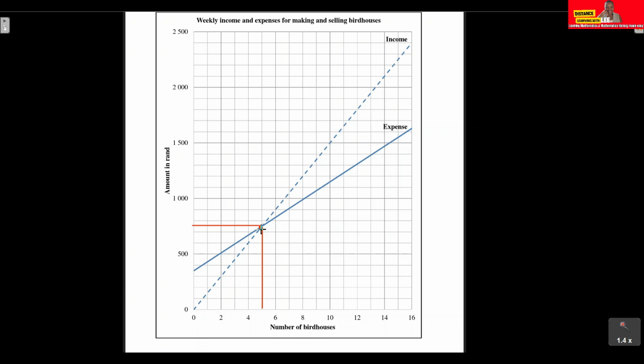This point helps us determine whether this business is making a profit or a loss. Values below the break-even point tell us the business is running at a loss, and values above the break-even point tell us the business is making a profit.